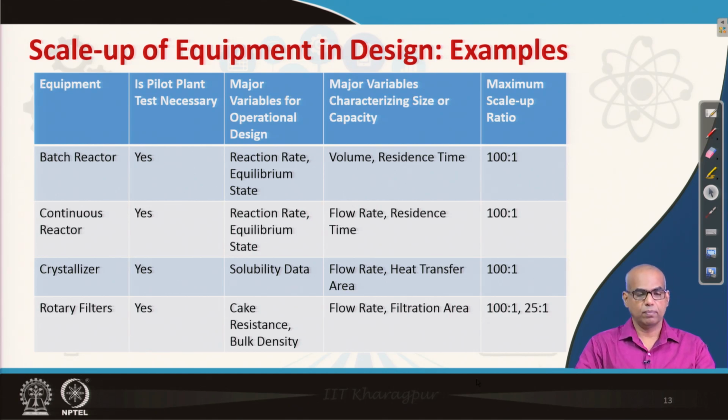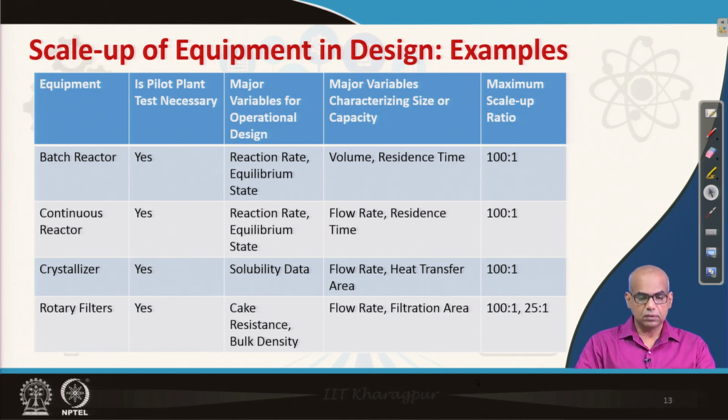For example, batch reactor, continuous reactor, crystallizer, rotary filters, plate and frame filters, etc. The table also shows the major variables for operational design, major variables characterizing size or capacity, and also the maximum scale-up ratio.